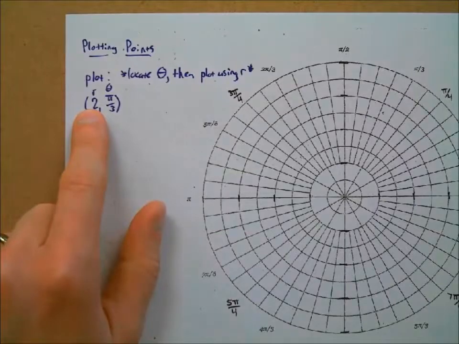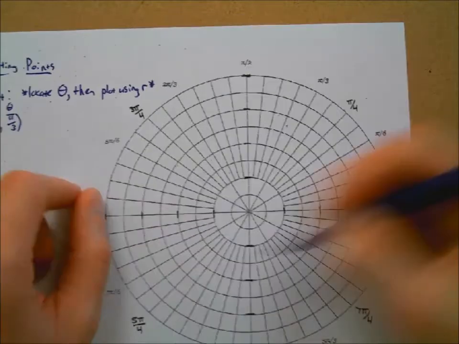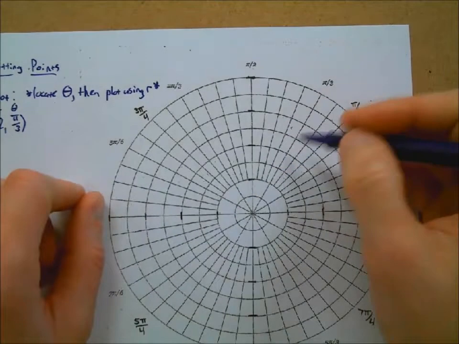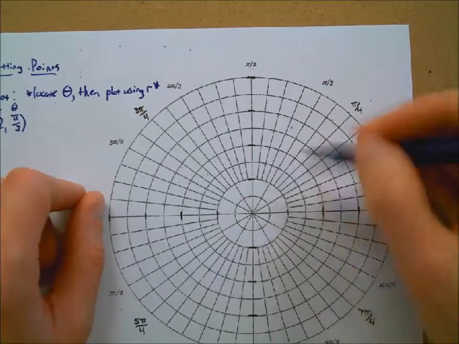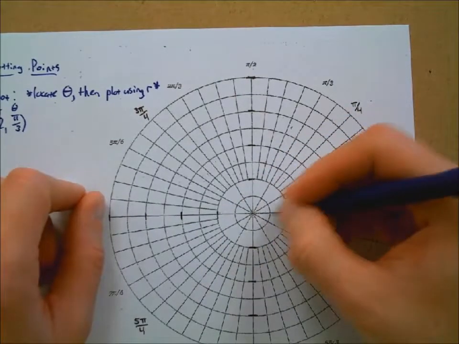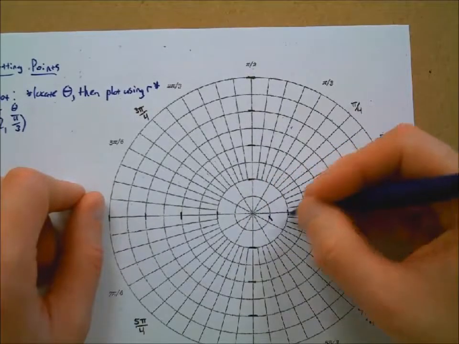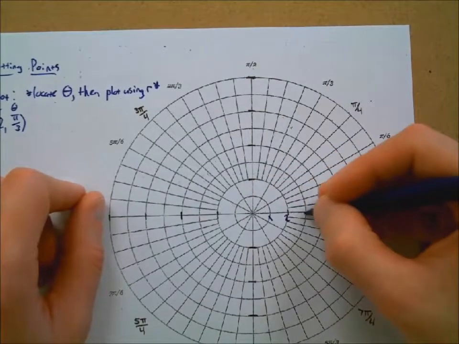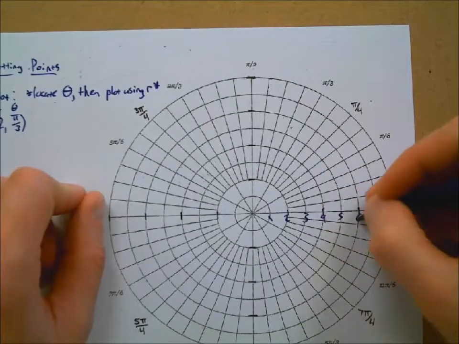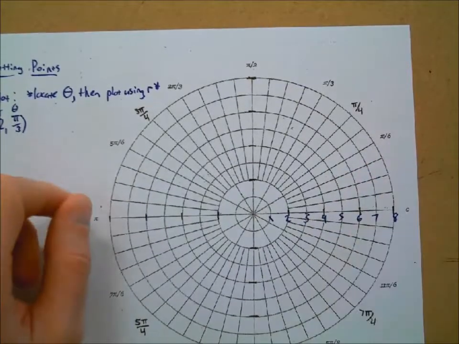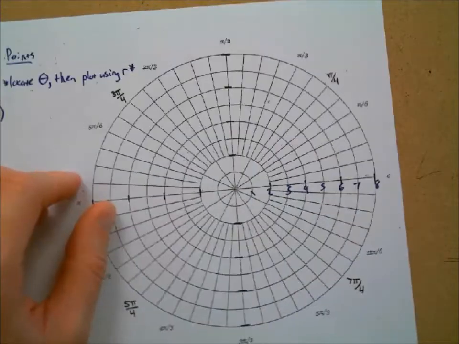So here's my coordinate plane. It's got all these concentric rings for the different radiuses away from the center. We'll say that each one of these rings counts as 1. So this first ring is 1 from the center. The second ring here is 2, 3, 4, 5, 6, 7, and then 8 from the center. So here's pi over 3.